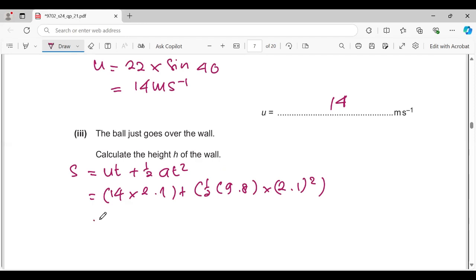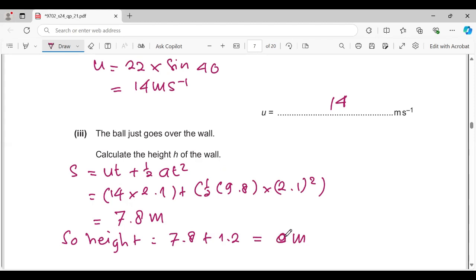If you calculate, you find the result 7.8 meters. So the height of the wall is 7.8 plus 1.2 meters, so it becomes 9 meters. This is 9.